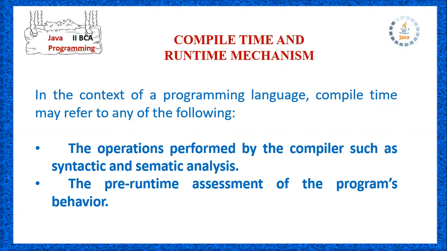in the computer system. Thus all the tasks that are performed during this time period are prefixed with the word runtime or dynamic, such as runtime type checking or dynamic memory allocation. In Java, one of the important concepts associated with runtime is the implementation of polymorphism. It is also referred to as dynamic binding.